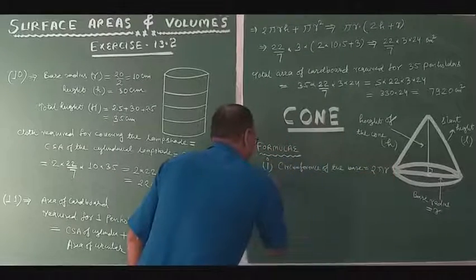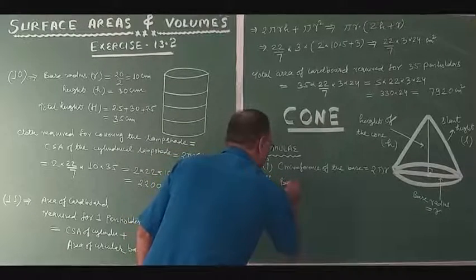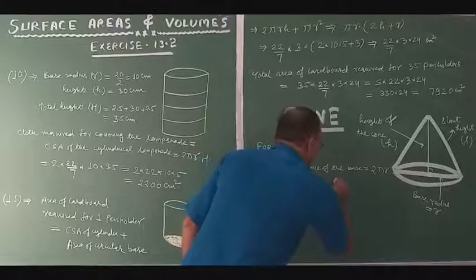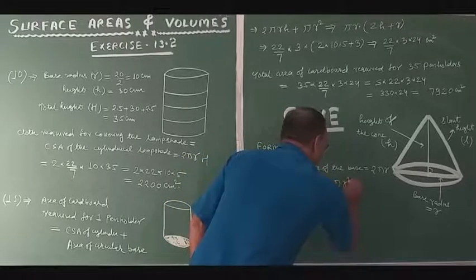The second thing is the base area. The base is also a circle, so this will be pi r square.